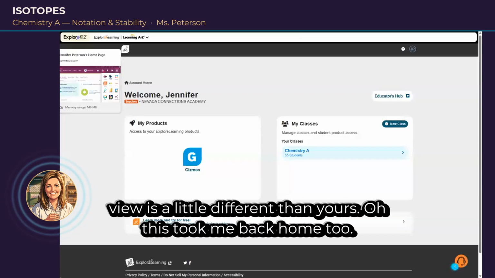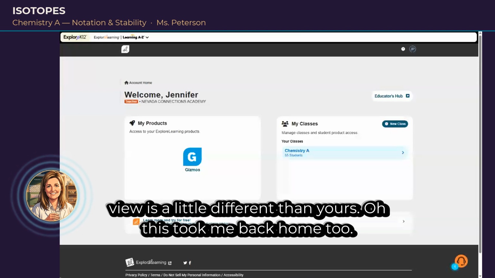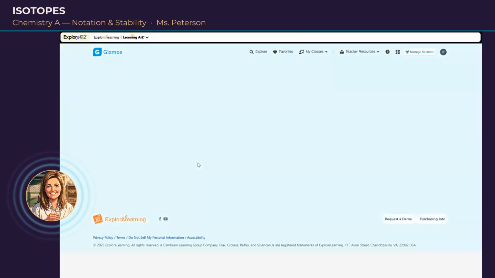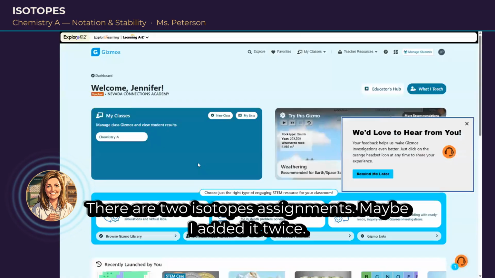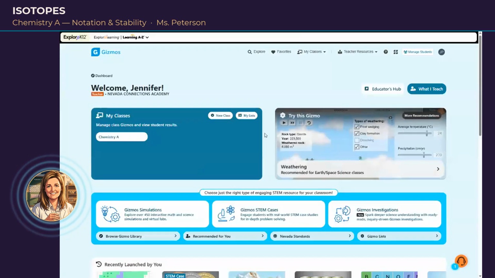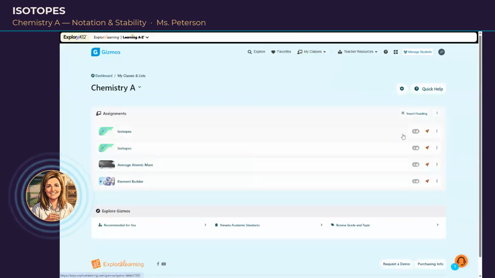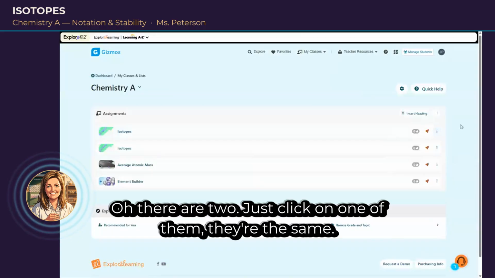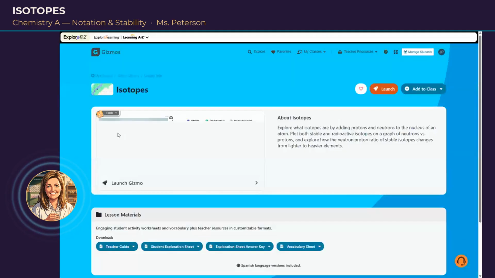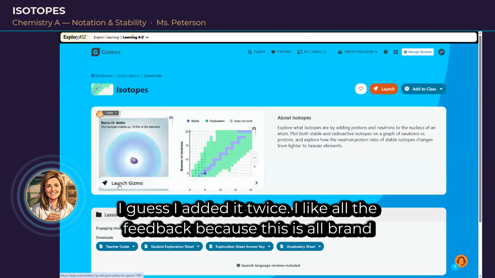There are 2 isotopes assignments. Maybe I added it twice. Just click on one of them. They're the same.